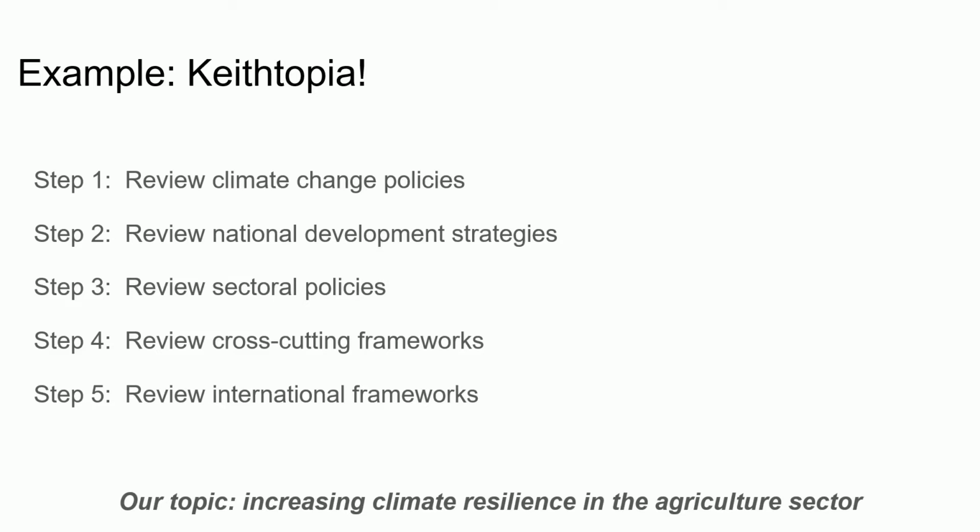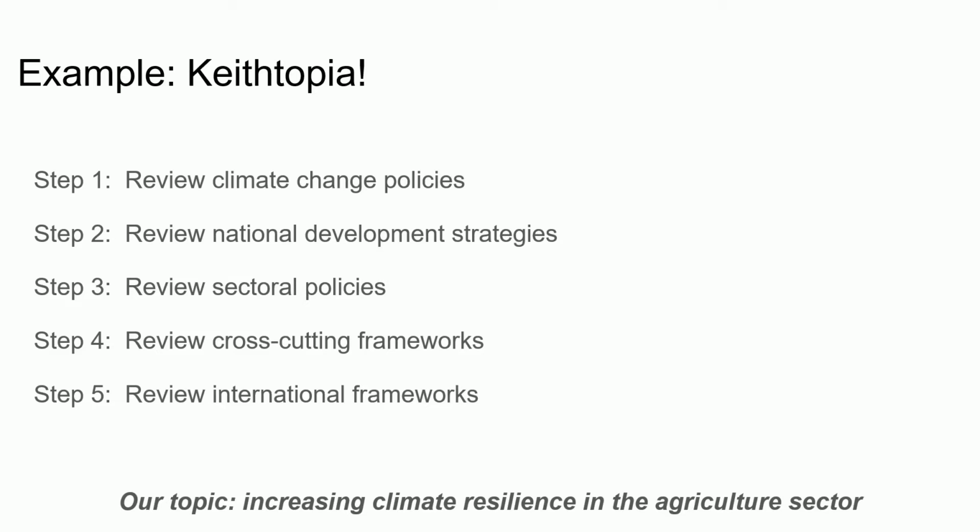So we also decided that we would need to incorporate the NAP into our concept note, because the NAP will be approved soon. By the time our concept note gets reviewed by GCF, the NAP will probably be in effect. It will be approved. So we need to have that in our concept note. Based on these documents, we decided to focus on the agriculture sector, on the agriculture priority from the NAP.